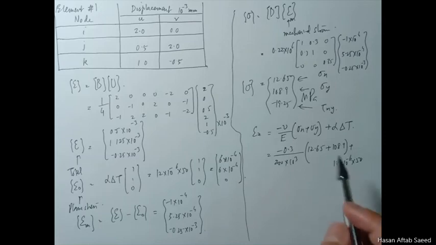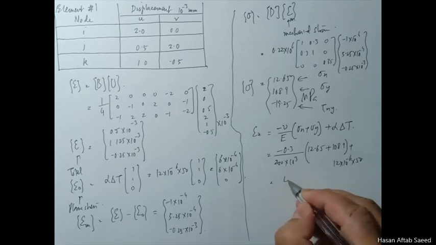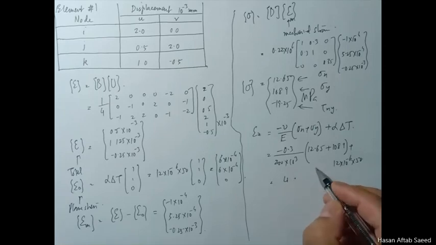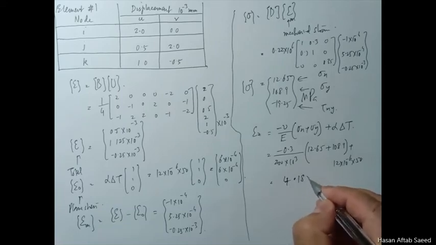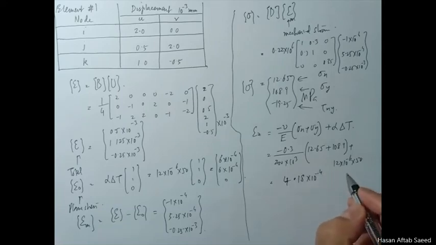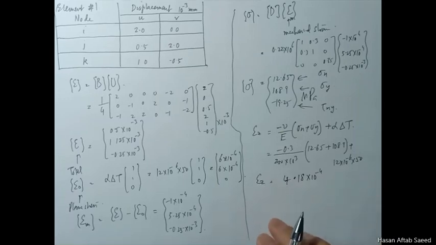Now it's very interesting. If you get this total value, it comes out to be 4.18 into 10 raised to the power -4. This is the final value.